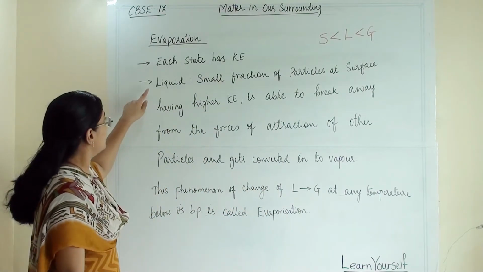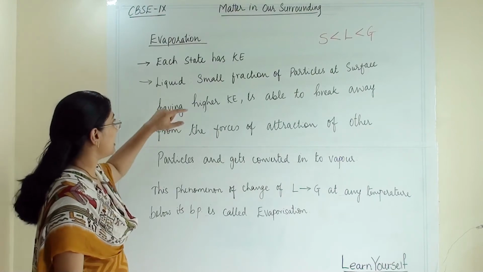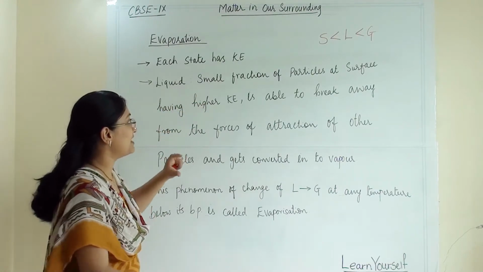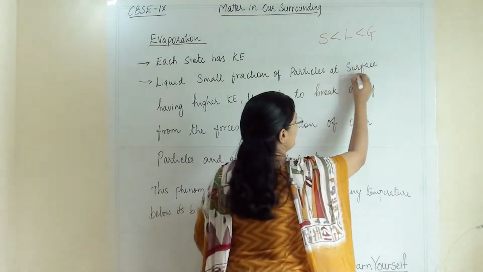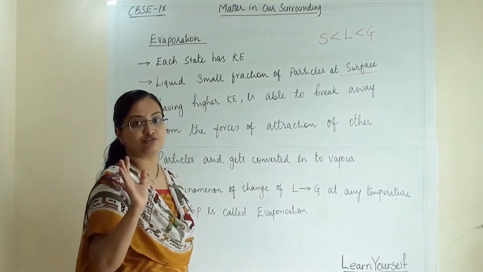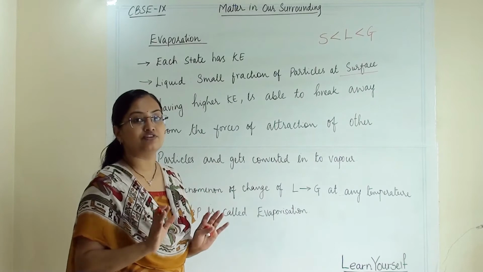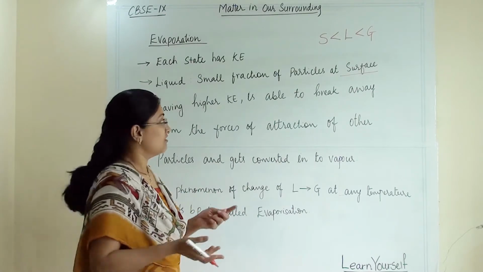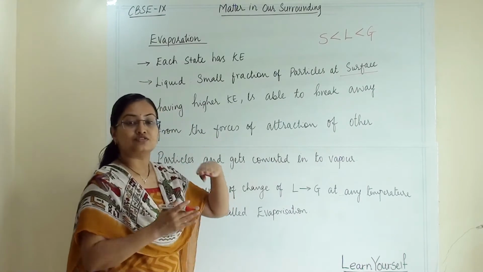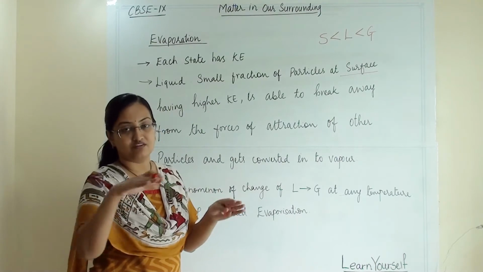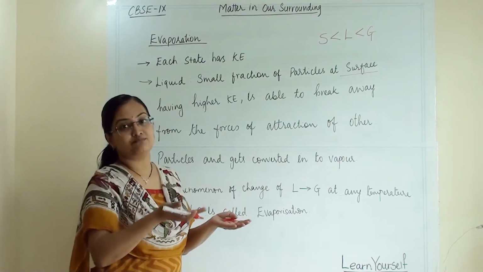In a liquid, a small fraction of particles at the surface... So evaporation is a surface phenomenon. It is not a bulk phenomenon like boiling. Why? Because this happens from the surface of the water. Evaporation happens from the surface of the water.